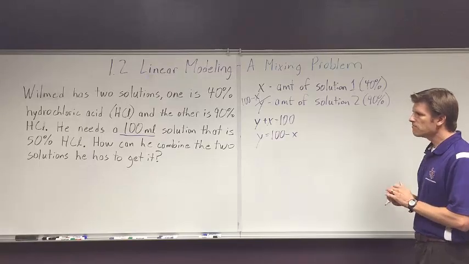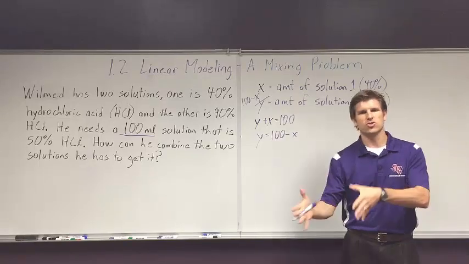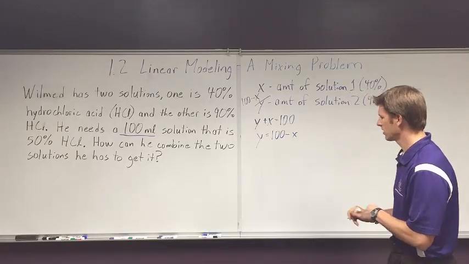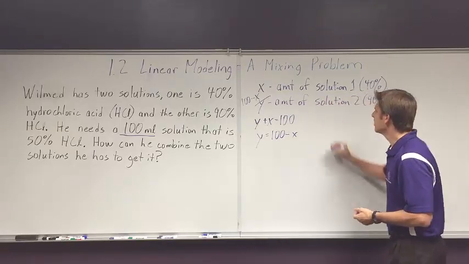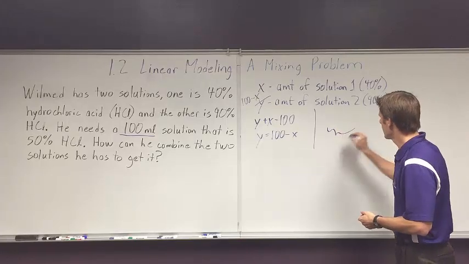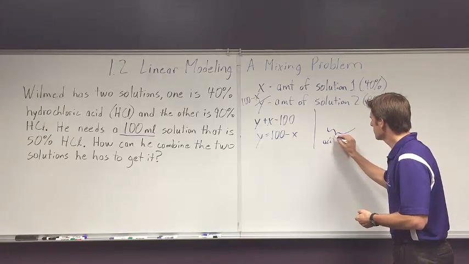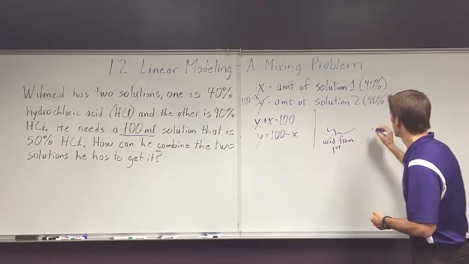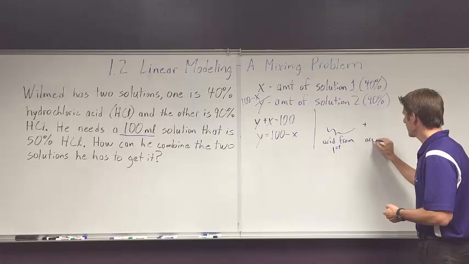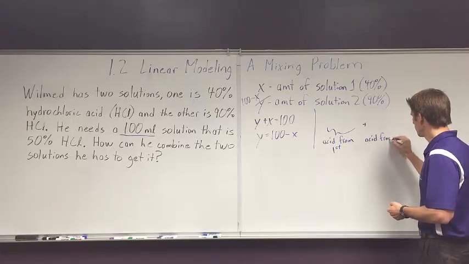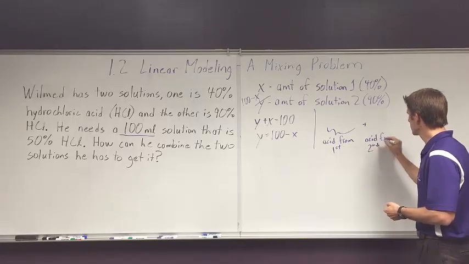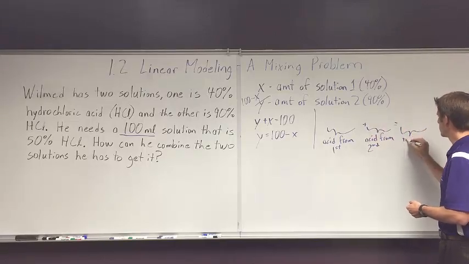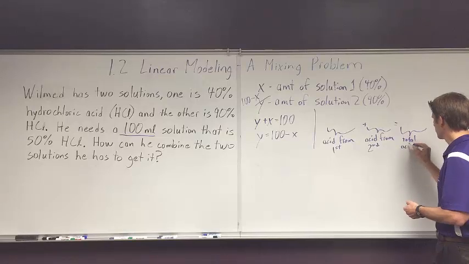Now, the main equation is that we need a certain amount of acid. The way mixing problems usually work is you should think of it this way: acid from the first plus acid from the second better equal total acid.